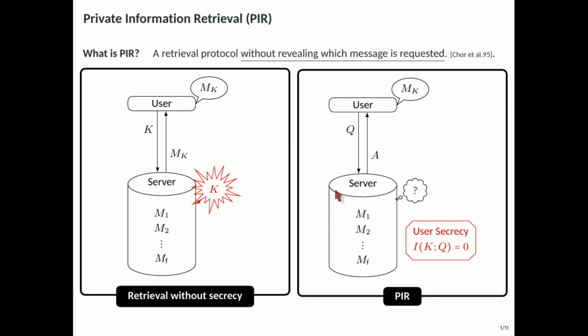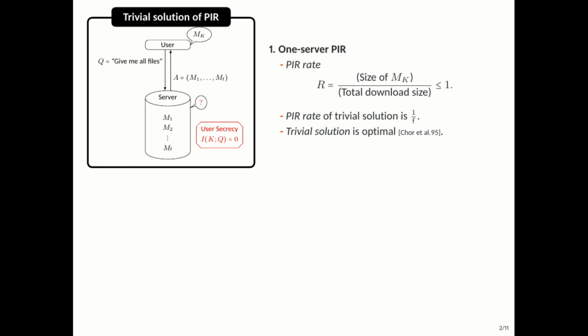So in PIR, the user sends a query Q instead of K and receives an answer A and recovers MK. Here, the user secrecy is required, which means the K should be independent of the query Q. So the server doesn't know which file is requested. At first glance, it seems very difficult to find a solution of this problem, but there is a trivial solution of downloading all files.